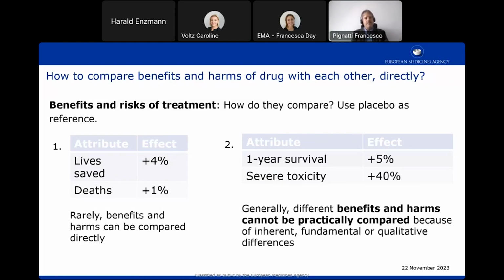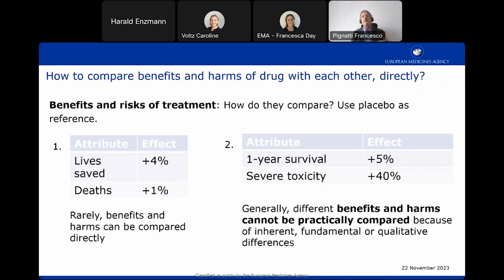But let's look at the first example. The first is a drug which has, for simplifying, only two effects. One is a good effect, it saves lives in an additional 4% of patients, and the other one is it has death as a side effect in 1% of cases.